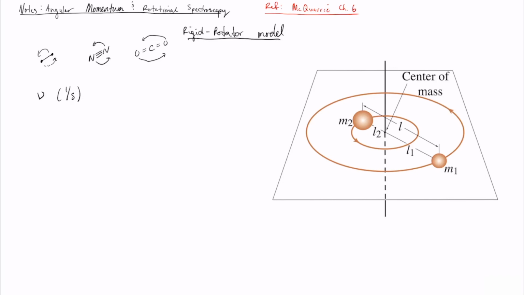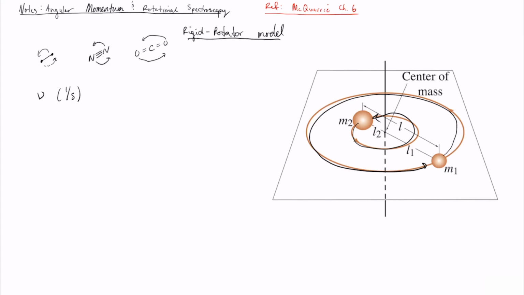What nu is telling us is that, that number of times per second, M1 will do a full rotation all around at the same time that M2 will do a full rotation the other way around, or in the same direction.